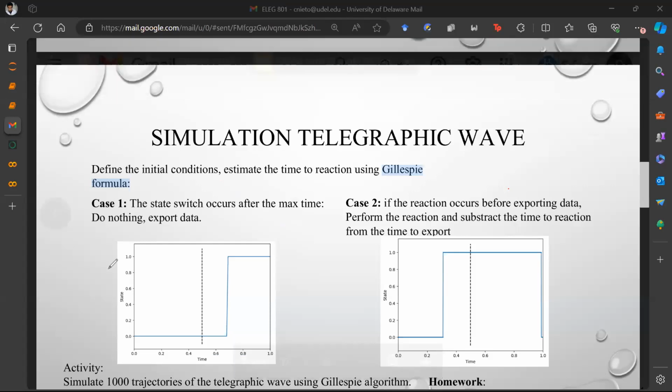In this case, the time to export was this, and the time to reaction was this, so I subtract the time to export. The next time to reaction is going to be simply this small one.